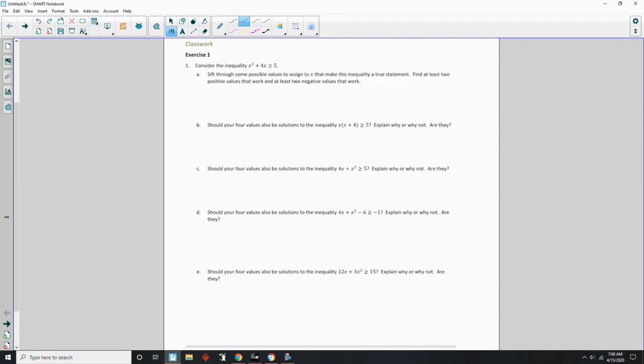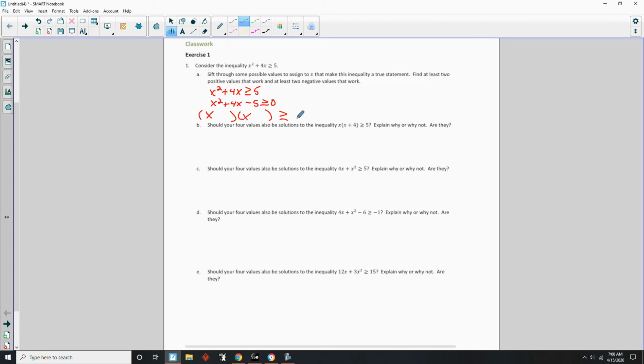So if I'm going to solve this, I would take x squared plus 4x is greater than or equal to 5. I'm going to move the 5 over to the other side by subtracting, and that will give me x squared plus 4x minus 5 is greater than or equal to 0. Then I'm going to factor this, and I'm going to put an x here, an x here.